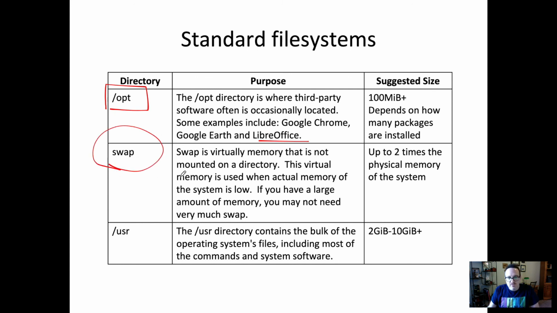Swap. Saw swap earlier in install, one of the main things you do need. This rule here, 2 times physical memory, that's a guideline. If I'm running an old 1 gig system, I definitely want to give up some of my disk space for swap.